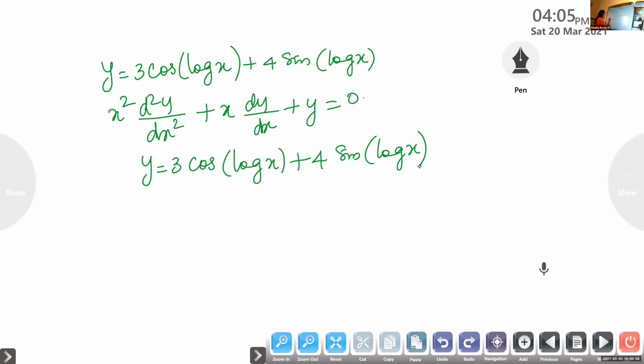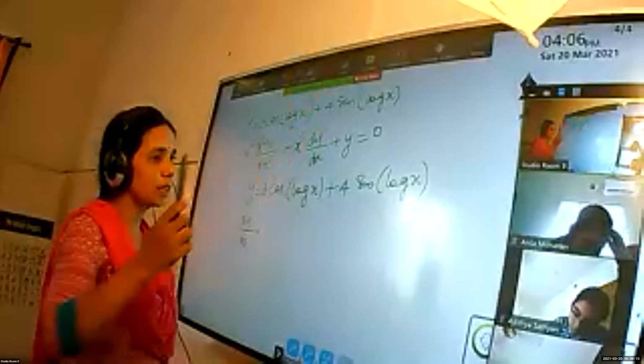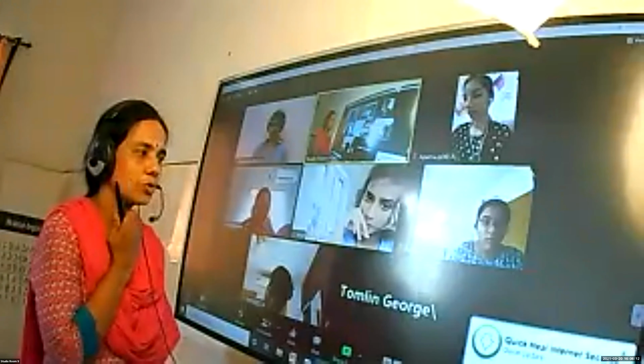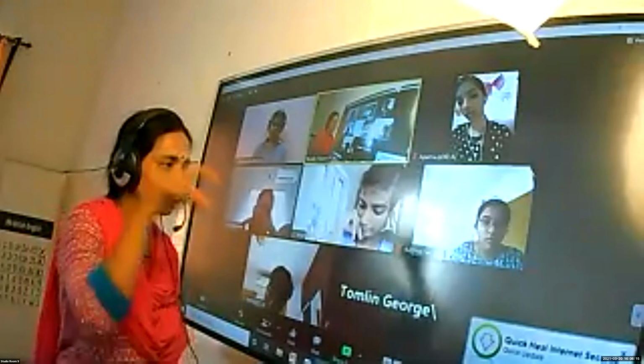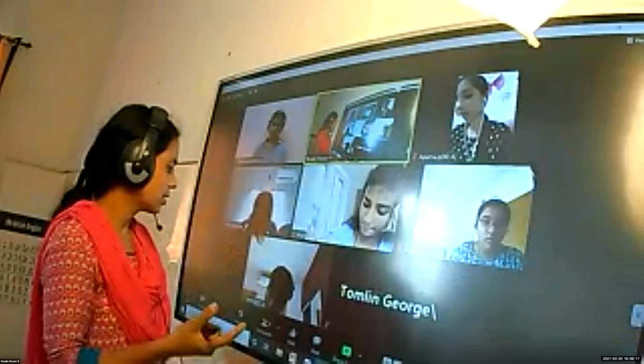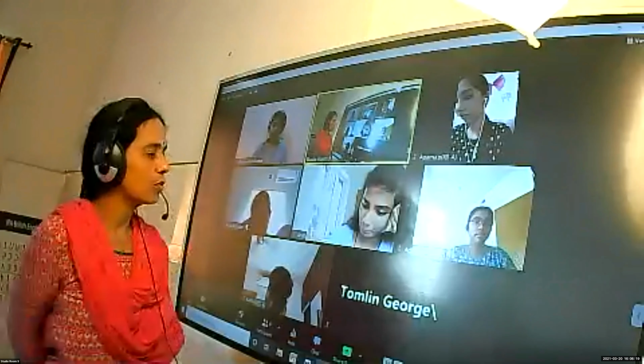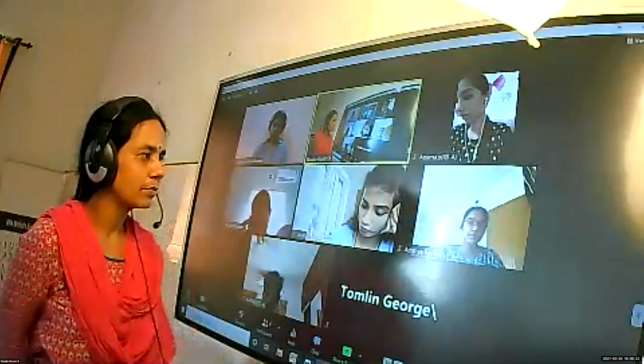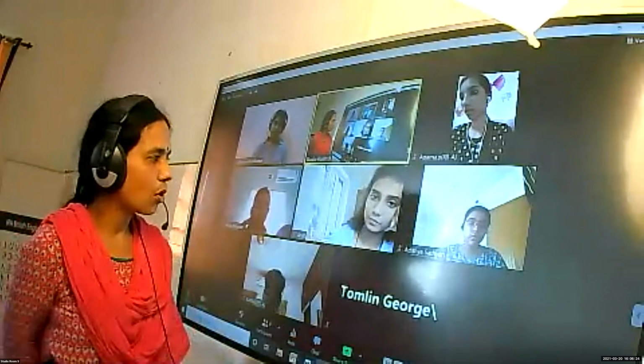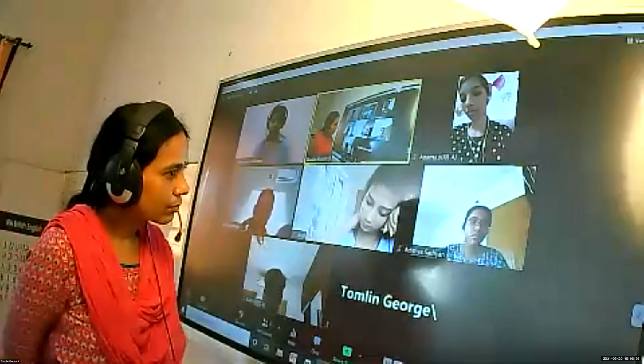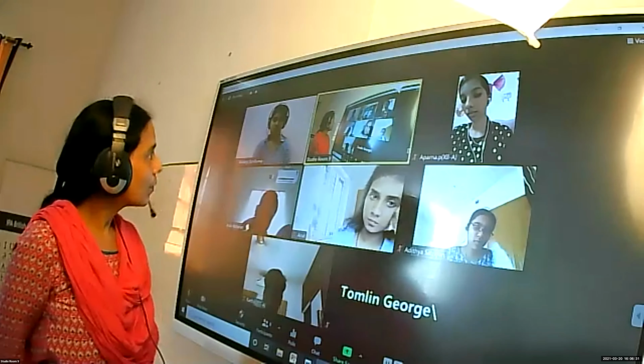Okay, what is dy by dx? Here we are using function of function rule. Within the cos, we have log x, isn't it? What is the derivative of log x? 1 by x, isn't it? Derivative of log x is 1 by x.